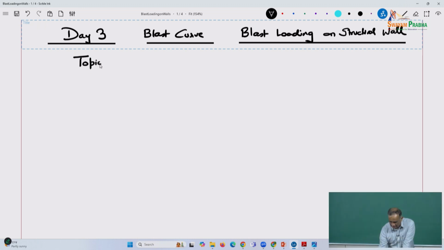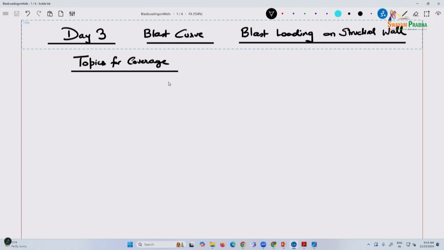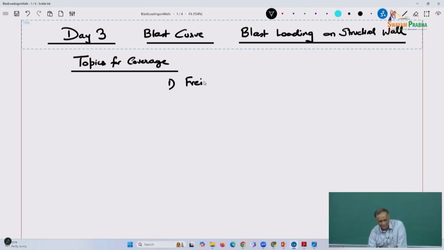An idea of what we will cover today, we are making slight changes. Things we'll look at is what is known as the Friedlander. I hope the spelling is correct. This is sort of the basis for a lot of things that we do in blast.